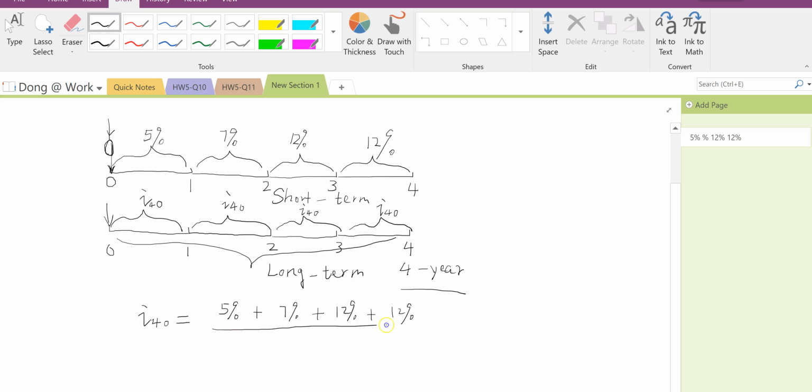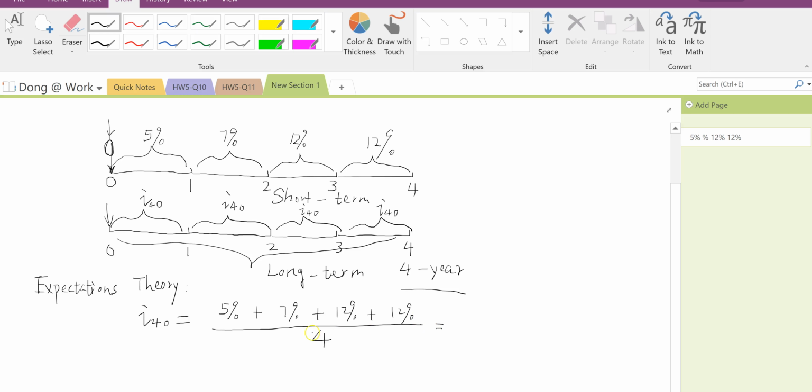Then take the average, because we have 4, so divided by 4. So that's what this expectation theory says.